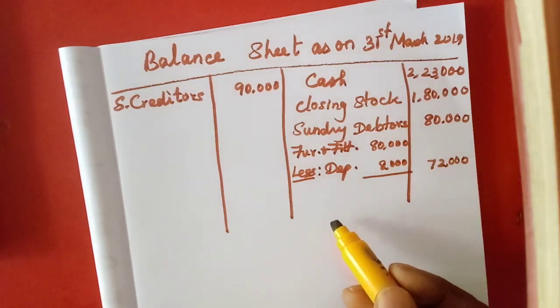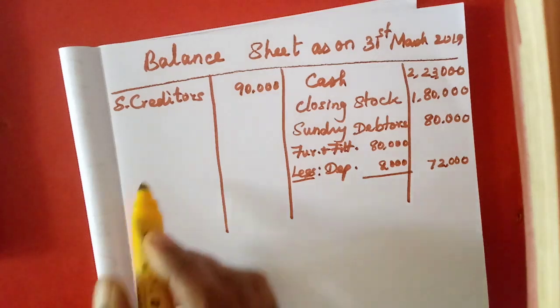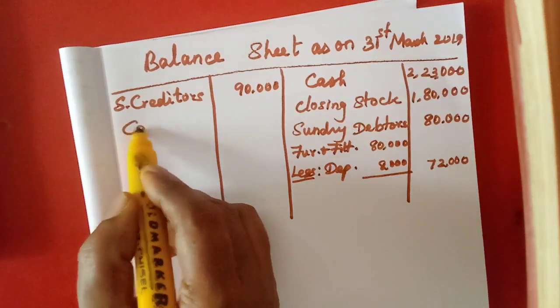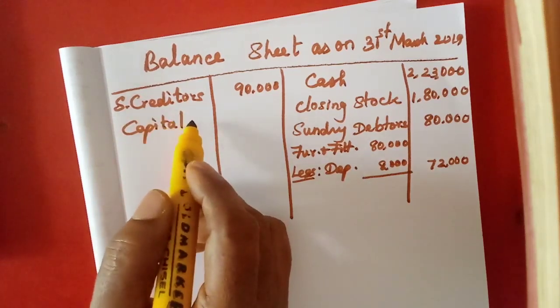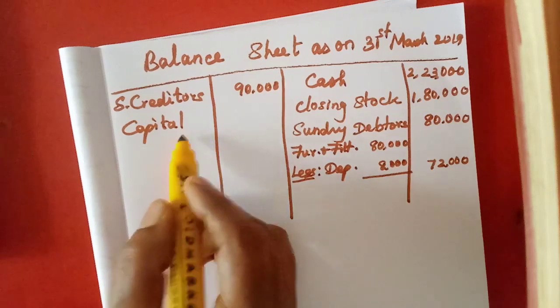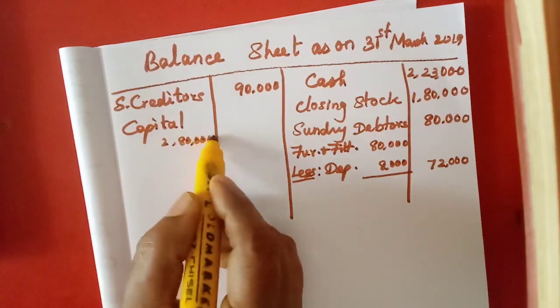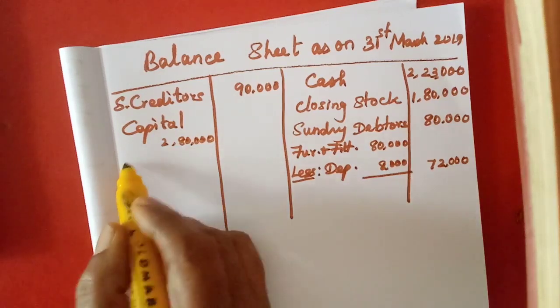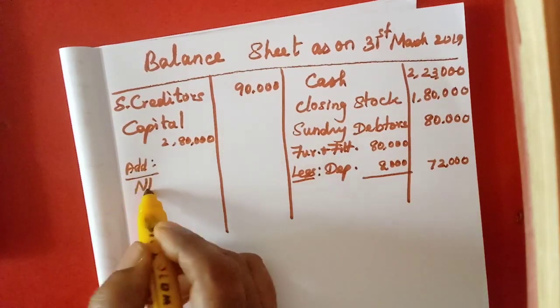Now the additional information. What is given? Opening capital. So you write capital. No need to write opening capital. Capital, we will write inside the inner column, 2,80,000. Capital, add net profit.